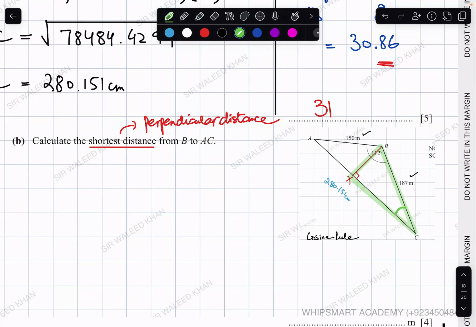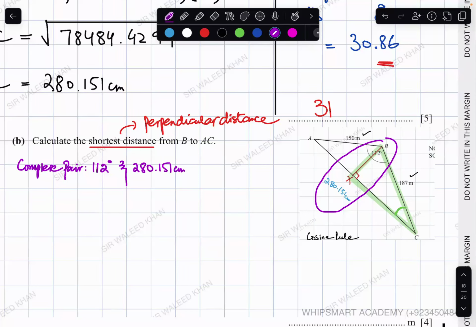Okay. Now for this, how about I use sine rule? Why? We have one complete pair of opposite angle and side. So angle B is given and the opposite side AC is given. So the complete pair given over here is angle B, 112 degrees, and the opposite side AC, which is 280.15.